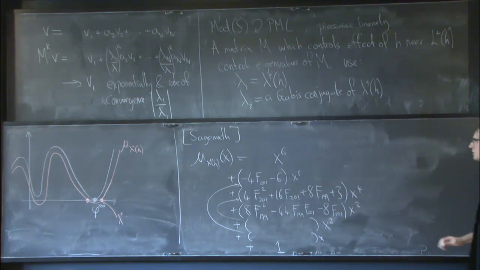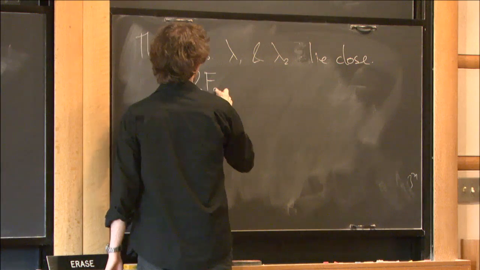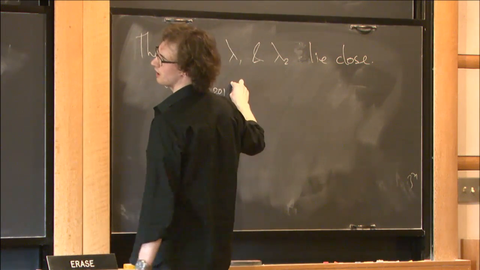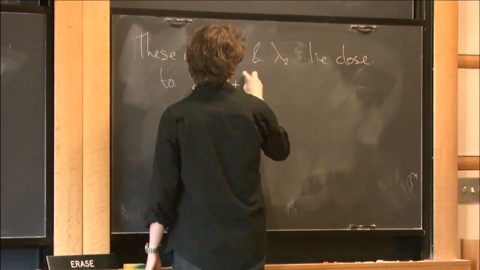There's some beautiful cancellation that occurs when you do the substitution, and it's half of this coefficient. So these roots, lambda 1 and lambda 2, they lie close to half of this coefficient, whatever it is, 2 times f201, let's say plus 3.